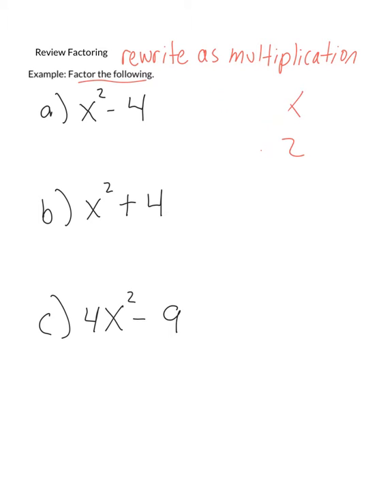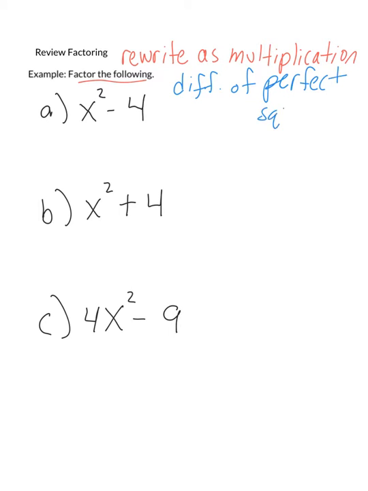So whenever you have two terms, a minus symbol in the middle, and both the terms are perfect squares, this is going to be called the difference of perfect squares.